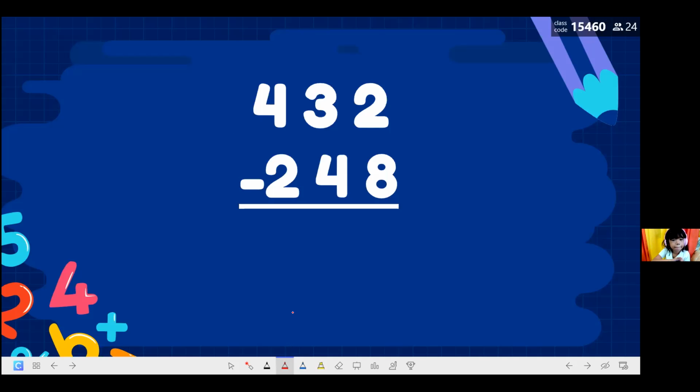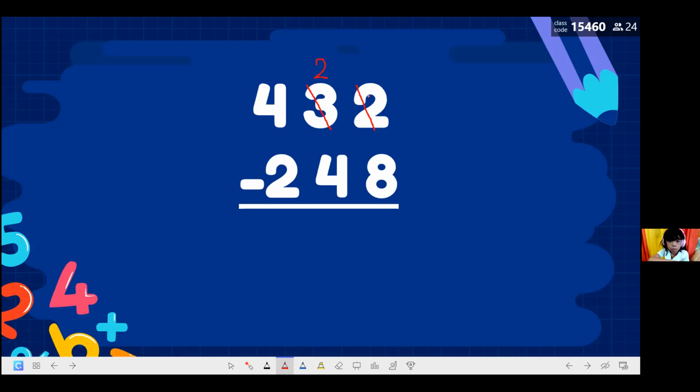So let's regroup. Let's use the term regroup. What numbers shall we regroup? Let's regroup 3 tens and 2 ones. So what will happen to the 3 tens? It becomes 2 tens. Excellent.